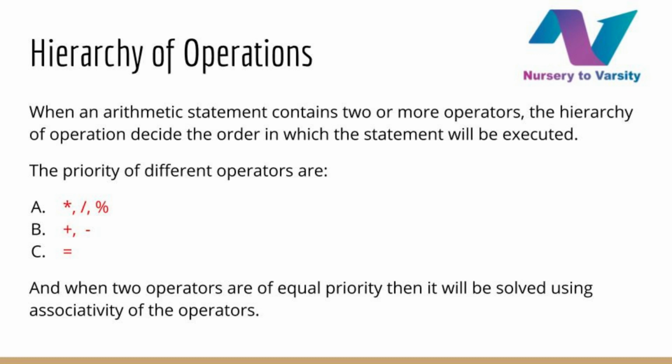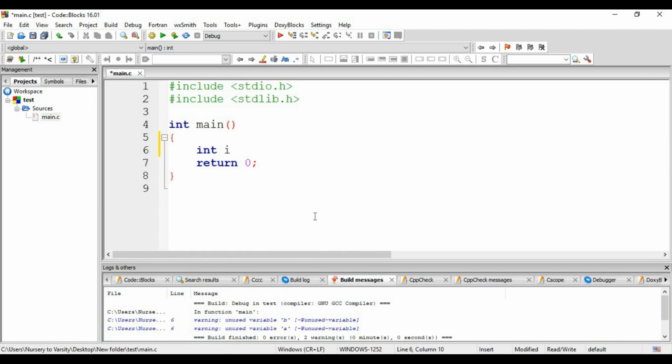Let us understand the hierarchy of operation with an example. I'm writing an arithmetic statement here. Int i is equal to 2 plus 3 into 5 minus 3 divided by 2 plus 1. Now, how would it be solved? In this expression, first we will see the priority and then the associativity.